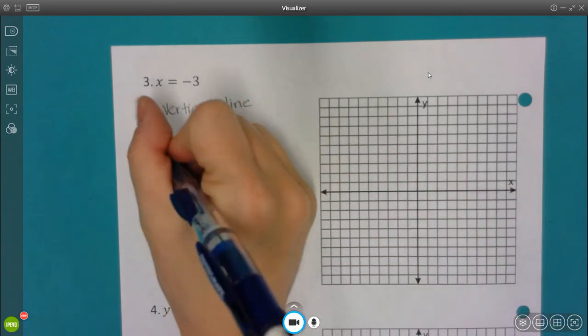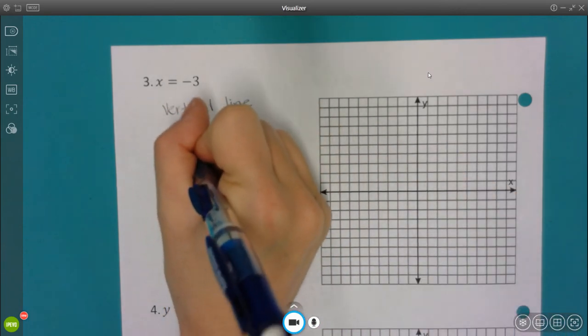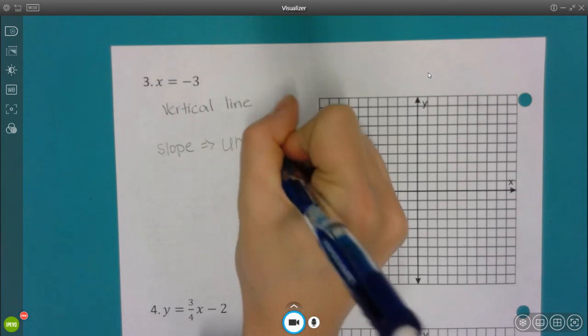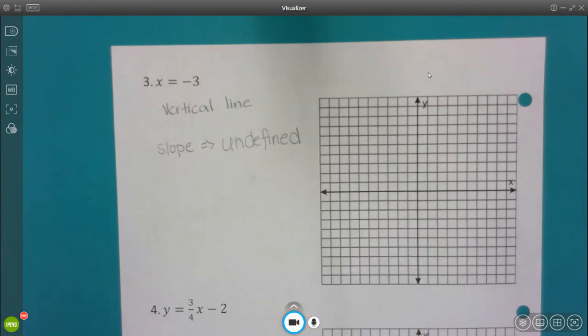If we have a line that's vertical, this means our slope is actually undefined. If you remember back to our last unit when we were talking about functions, a vertical line does not count as a function because it has multiple output values for that same input.